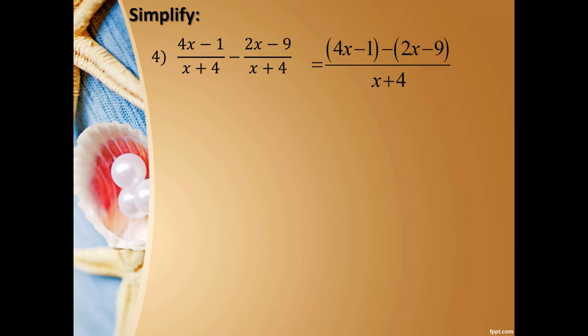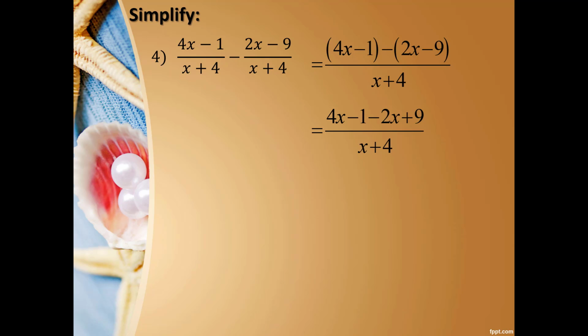Now it's important to realize that that minus sign is for the entire binomial of 2x minus 9, because that's going to change the sign of each term. So if you rewrite that by changing the signs, you should get 4x minus 1 minus 2x plus 9. So that positive 2x turns into a negative, and that negative 9 turns into a positive. Again, that's still over x plus 4.